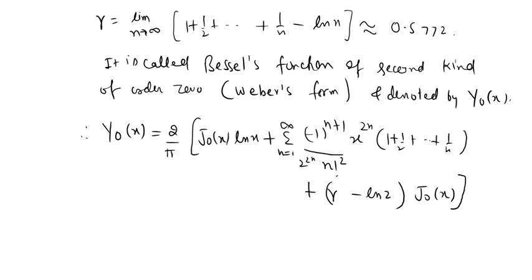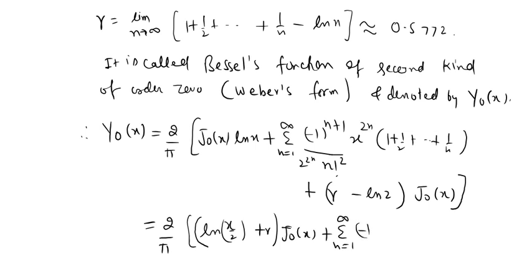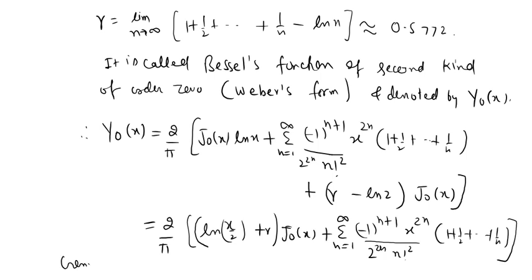So I can combine this logarithmic term, so I can write 2 by pi (log x by 2 plus gamma) multiplied by J0 x, and the rest of the sum as it is, n equal to 1 to infinity minus 1 power n plus 1 x power 2n over 2 power 2n factorial n square, 1 plus 1 by 2 up to 1 by n, and the general solution is y equal to c1 Bessel's first function plus c2 Bessel's function of second kind.